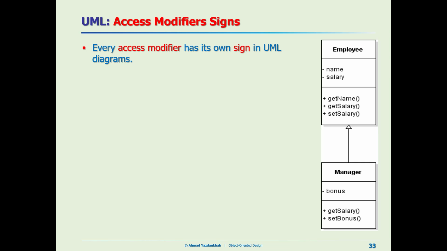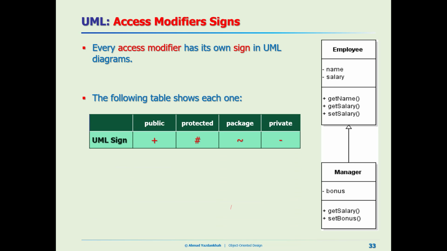Each one of them has its own sign in the UML diagram. I summarized them here in this table. So public is plus, this is the pound sign for protected, package is this tilde, and minus is for private. Okay, so now let's get back to our questions.